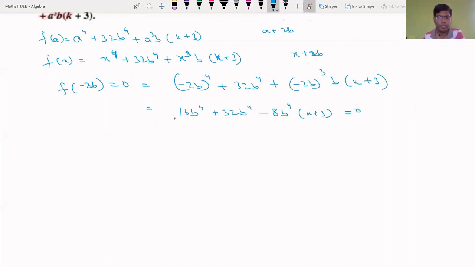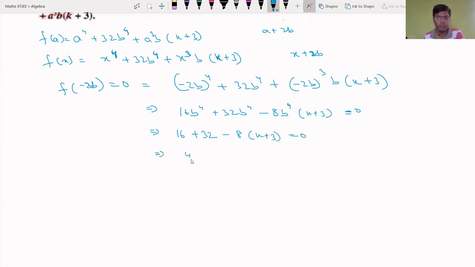The 0 I'm writing on the other side. So this implies b power 4 is common from each term, so I can take it outside, and because here I have 0, that gets absorbed by 0. So this will be 16 plus 32 minus 8 times k plus 3 is equal to 0.